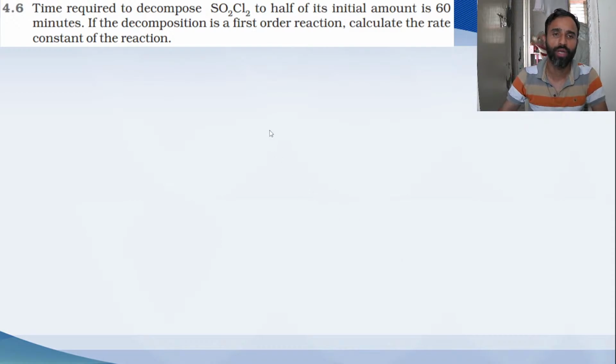Question 4.6: time required to decompose SO2Cl2 to half of its initial amount is 60 minutes. It is 60 minutes. Okay. So now if the decomposition is a first order reaction, calculate the rate constant of the reaction.